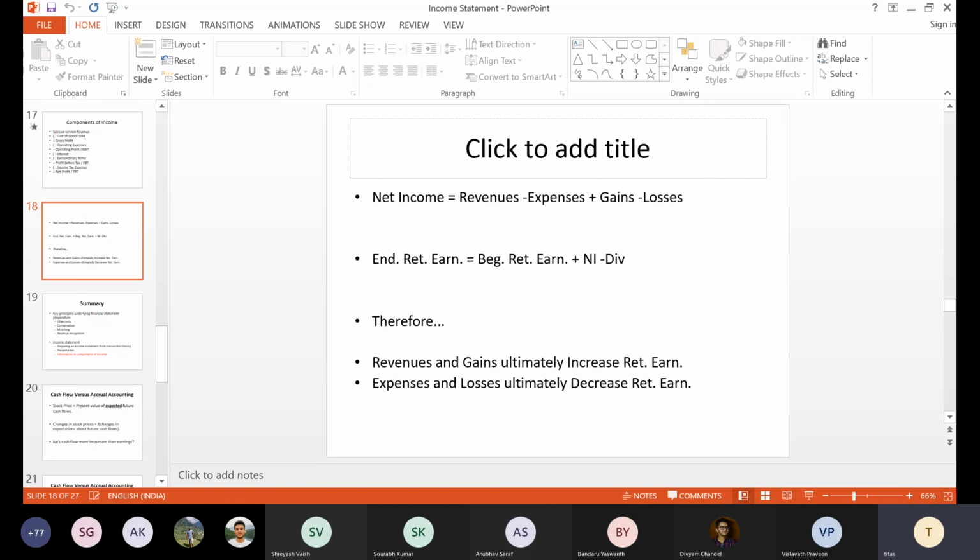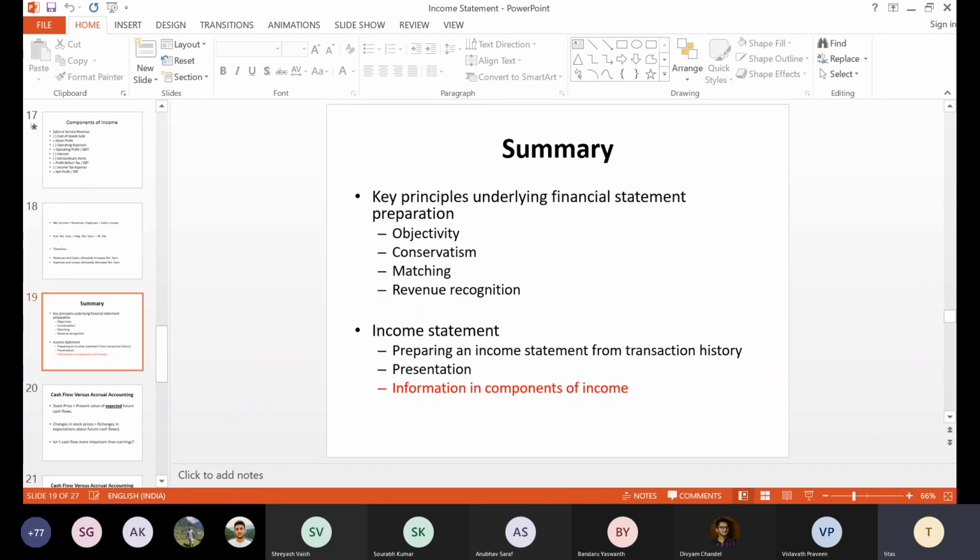So net income, as I said, is revenues minus expenses plus gains and losses. And retained earnings, we know, is beginning retained earnings plus net income minus dividend. So revenues and gains ultimately increase retained earnings, and expenses and losses decrease retained earnings. What we have studied so far is the objective of the financial statement, and a few principles: conservatism principle, matching principle, revenue recognition.